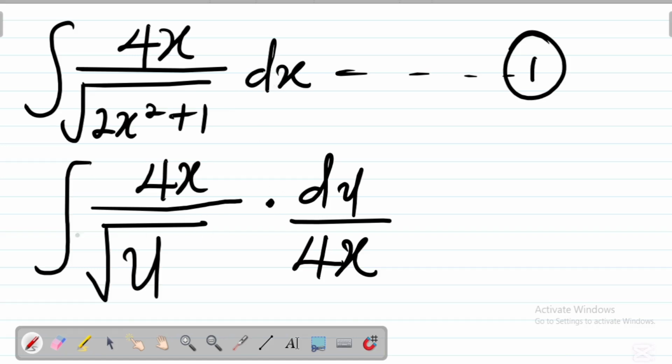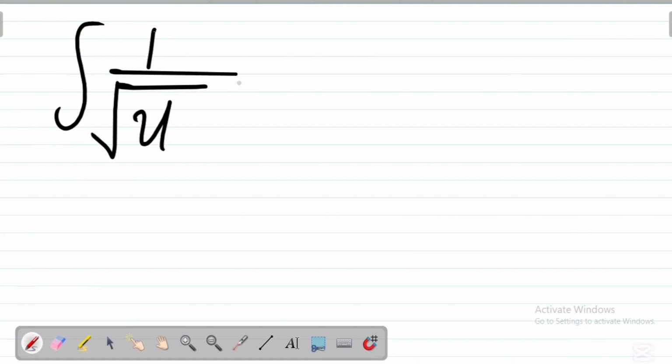So since we have this, the next step is to cancel out. We have 4x as a numerator here, and we also have 4x as a denominator here. So 4x cancels 4x. We are left with 1 all over square root of u and then du.